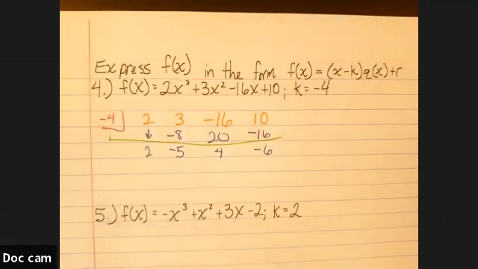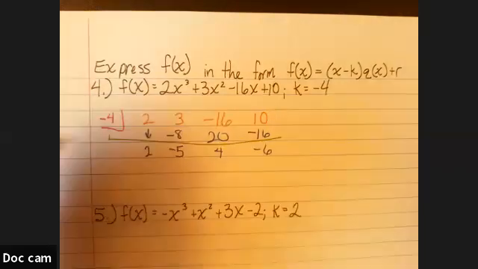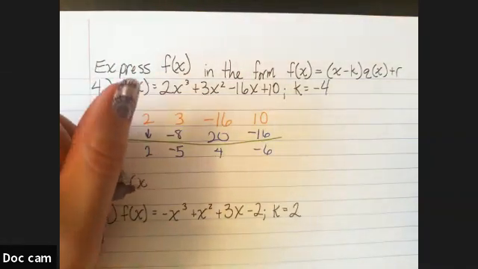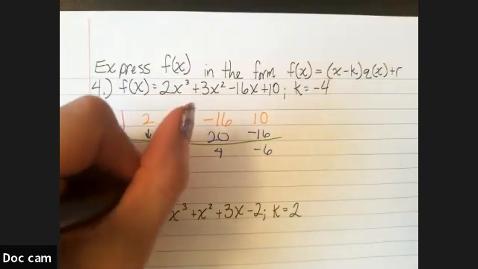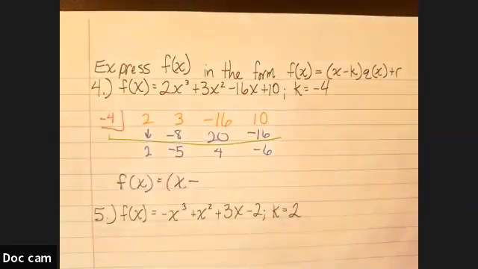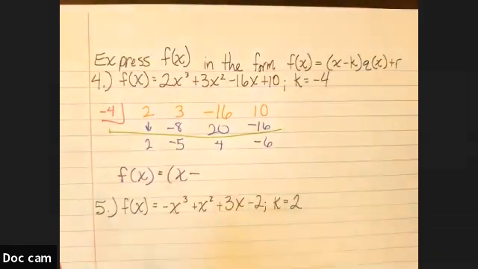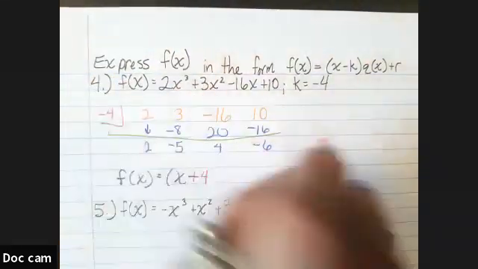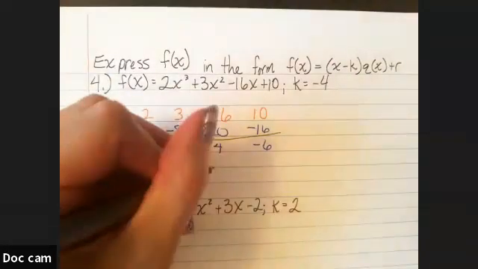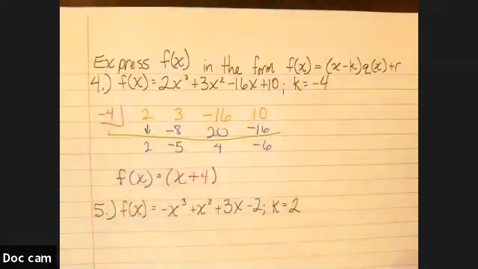All right, so now they're asking us to write the answer in the form of f of x. So f of x, which is equal to the original function, is equal to x minus k. So in this case, k was negative 4. So x minus negative 4 is actually the same thing as x plus 4 times q of x.